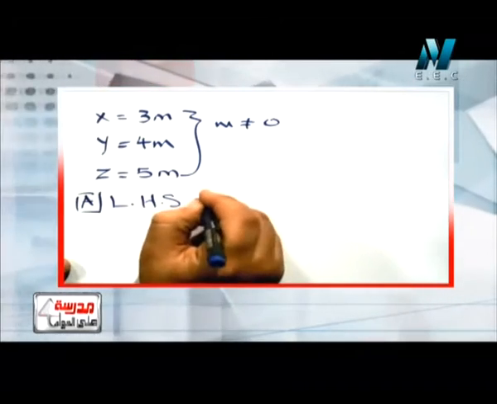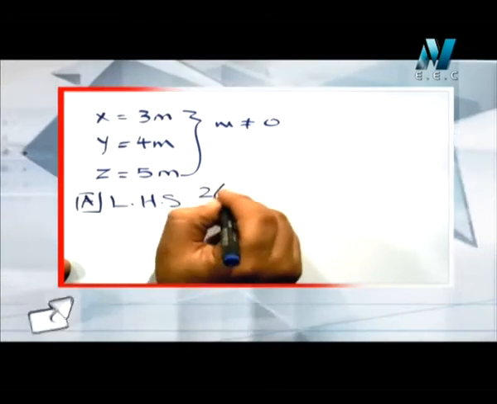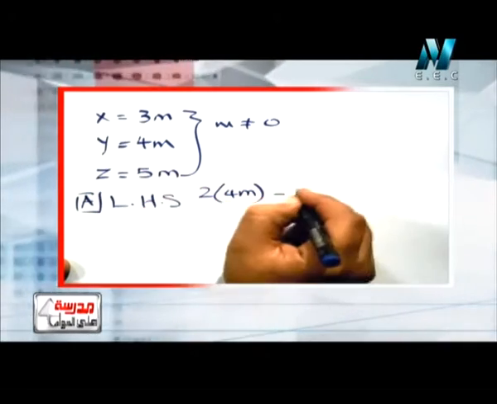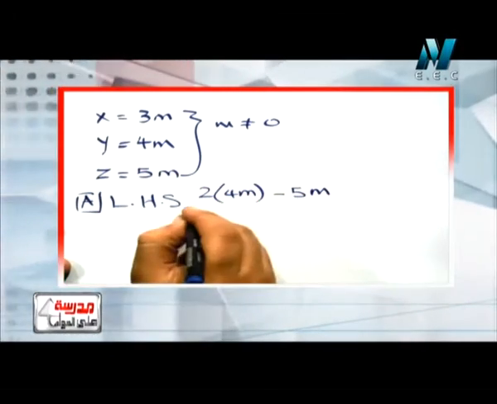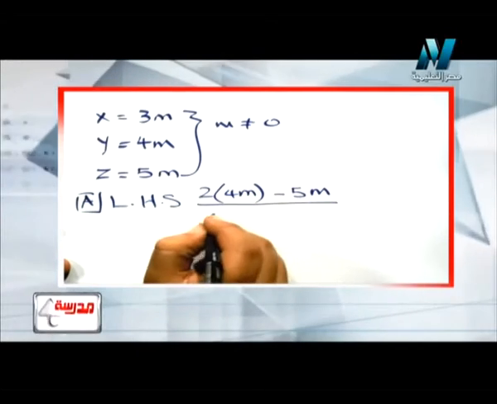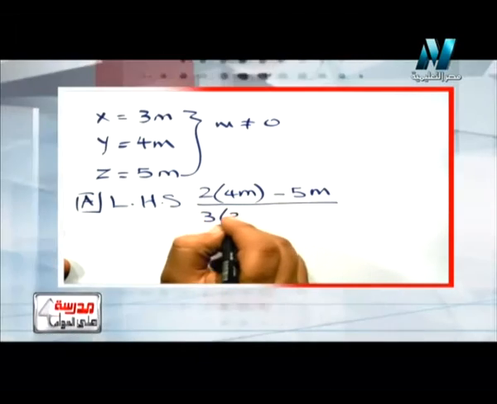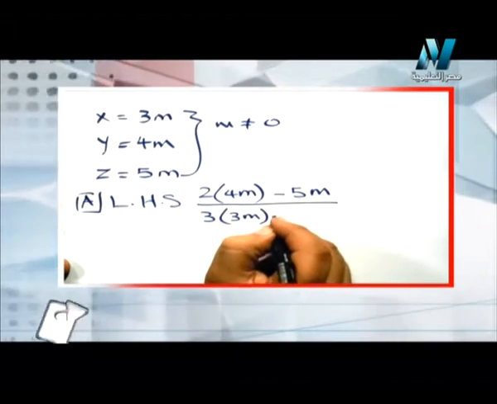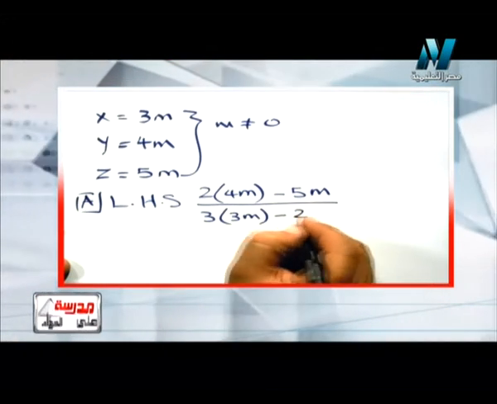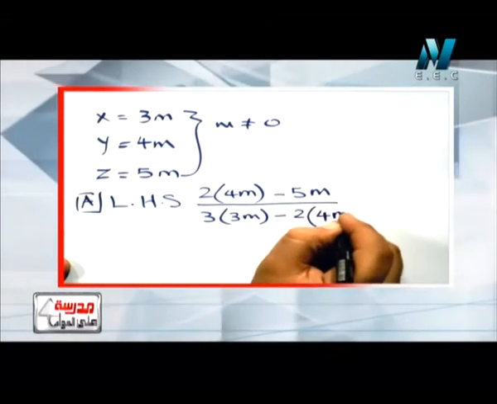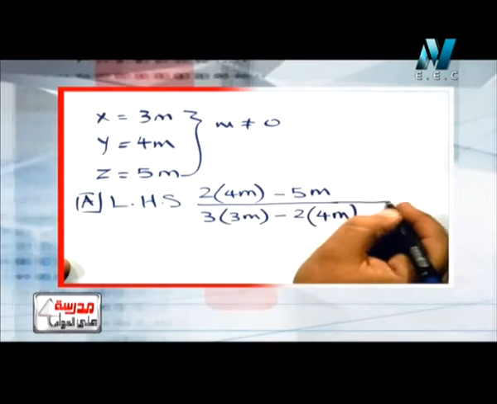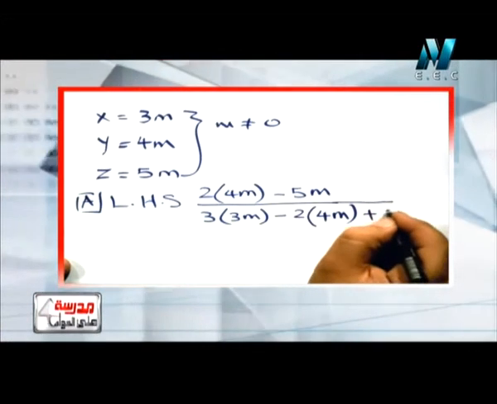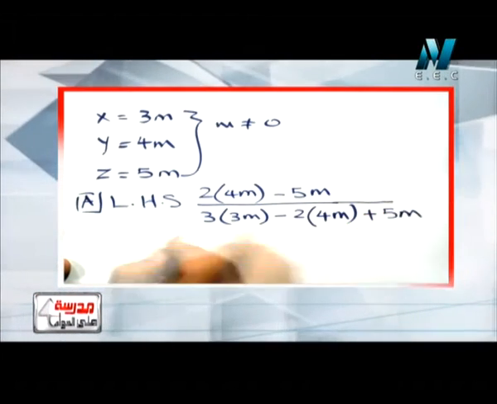which is 2y minus z over 3x minus 2y plus z. I replace y by 4m, so 2 times 4m minus z, which is 5m, over 3 multiplied by 3m minus 2 multiplied by 4m plus 5m.